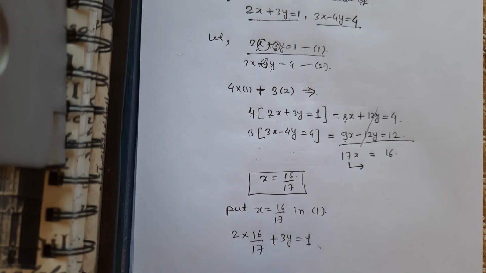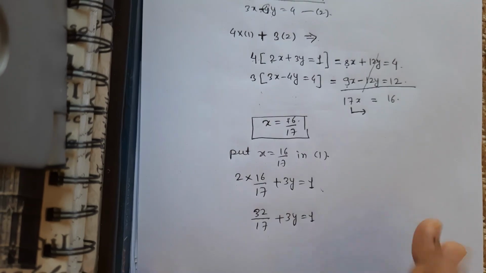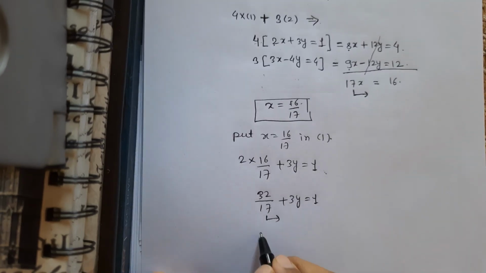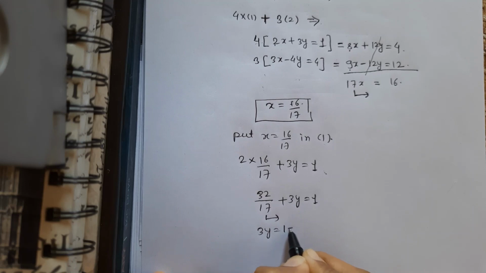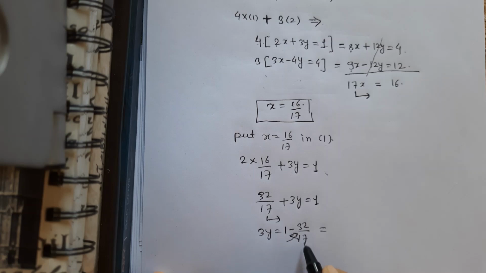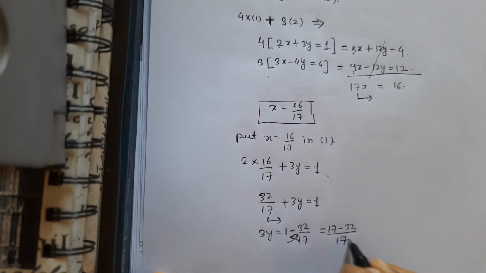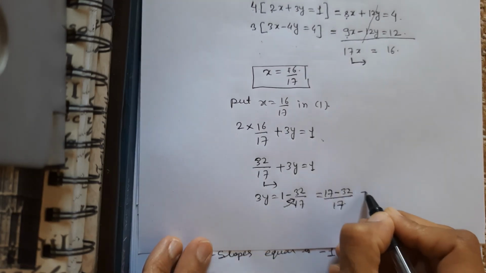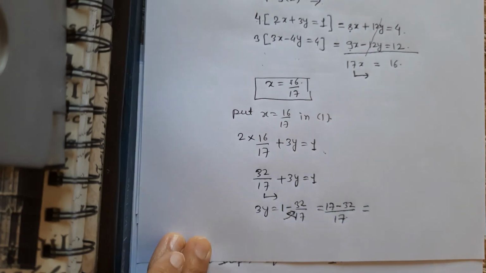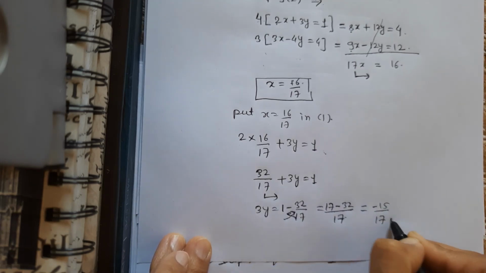Just calculate it: 32 upon 17 plus 3y equal to 1. Shift this to the other side, so I'll get 3y equal to 1 minus 32 upon 17. Cross multiply: 1 into 17, 17 minus 32 upon 17. So 17 minus 32 will be minus 15 upon 17.